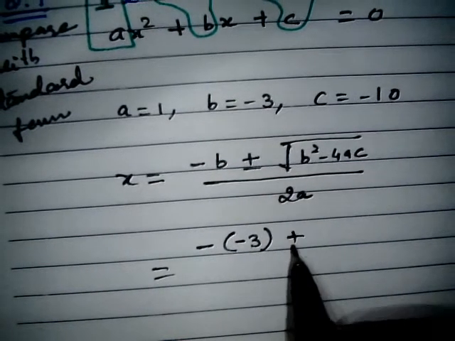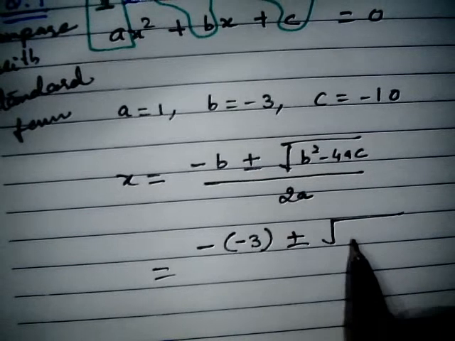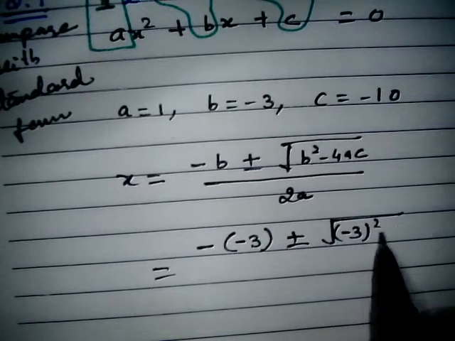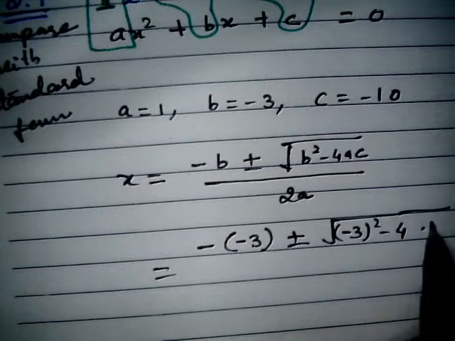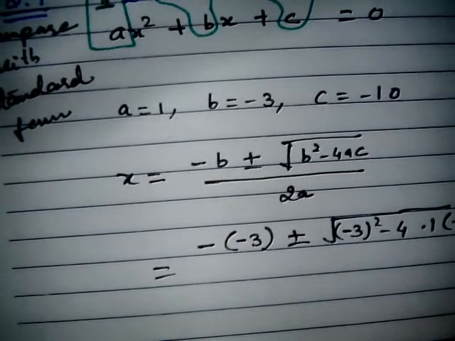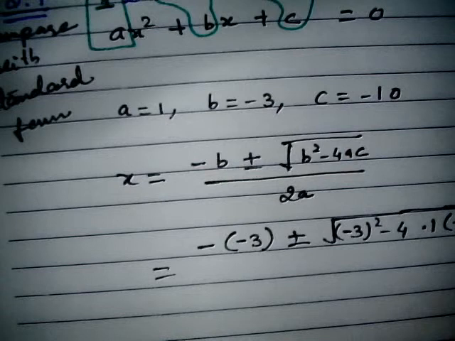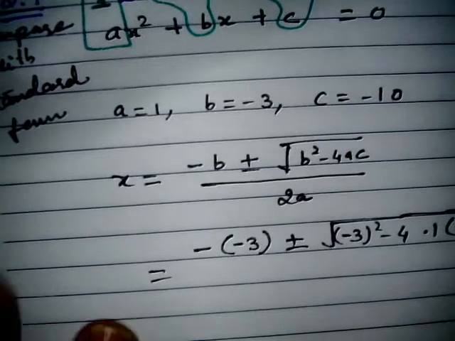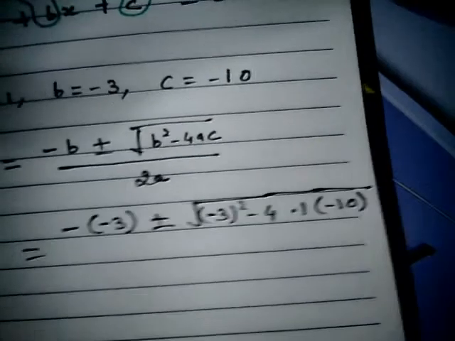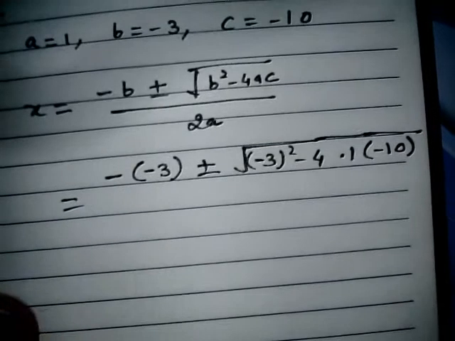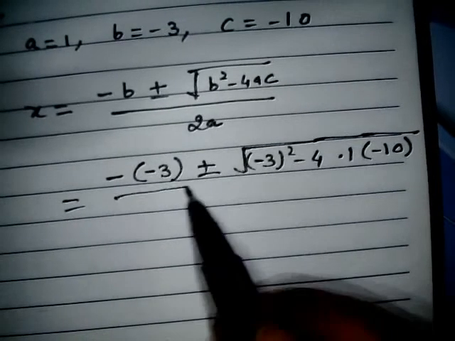This is -3 whole square, 4, the a value is 1 and the c value is -10, so that also I will keep inside the parenthesis. Upon 2, the a value is 1, so 2 times 1.